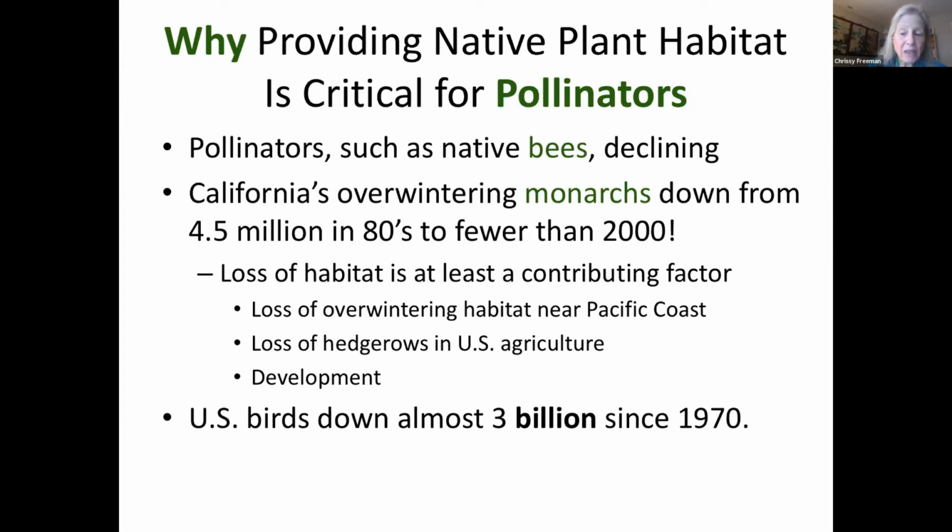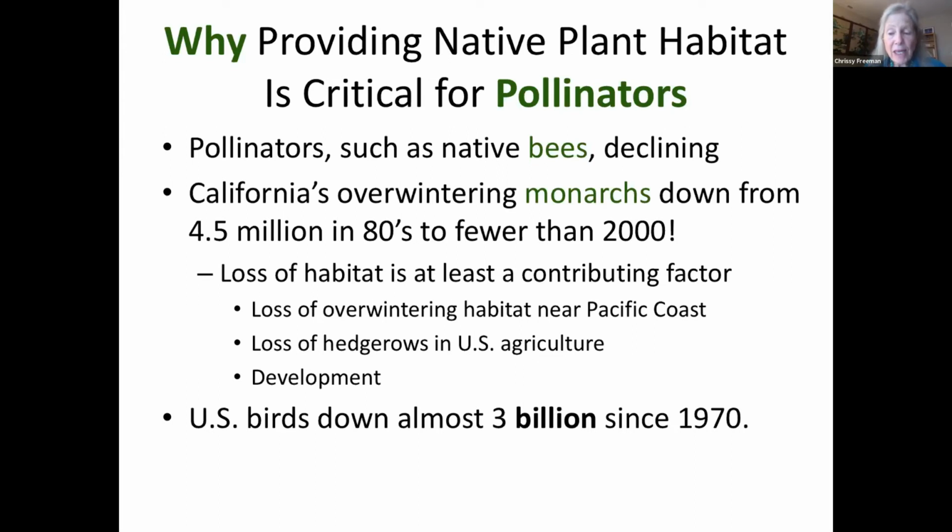So butterflies also need our help. 19% of our country's butterfly species are at risk of extinction. Monarchs are down from 4.5 million in the 1980s to fewer than 2,000 among the California overwintering monarchs. I mean, this is just tragic. And the US bird population has also declined by 29% since just 1970, a drop of almost 3 billion among adult birds.